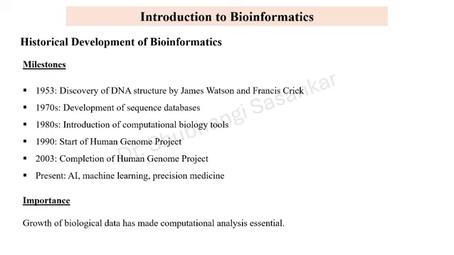A major milestone came in 1990 with the launch of the Human Genome Project. The project was completed in 2003, providing the complete sequencing of the human genome. So today bioinformatics is advancing rapidly with artificial intelligence, machine learning, and precision medicine. The enormous growth of biological data has made computational analysis essential.